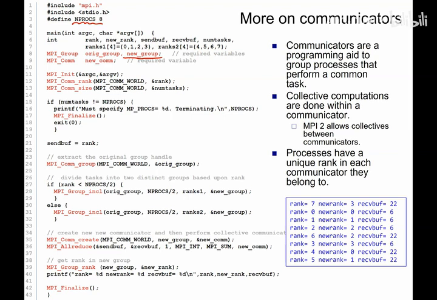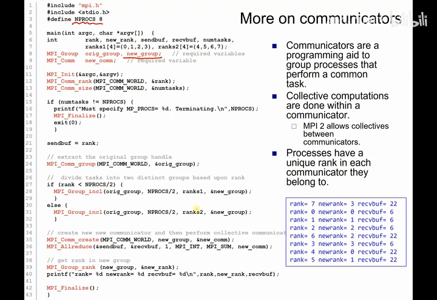Each process, 0 up to 7, is going to compare its rank with this value, which is going to be 4 over here: we have 8 processes divided by 2 is 4. If it's less than 4, then it's going to use the first set of ranks and get included into the new group.